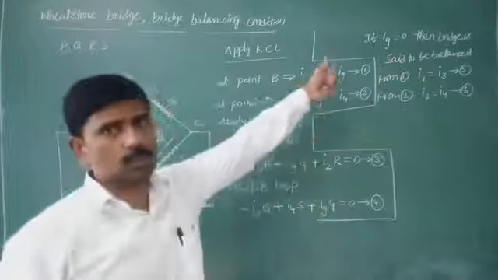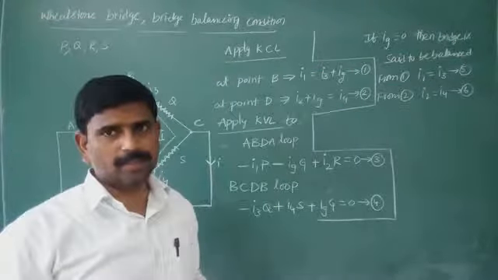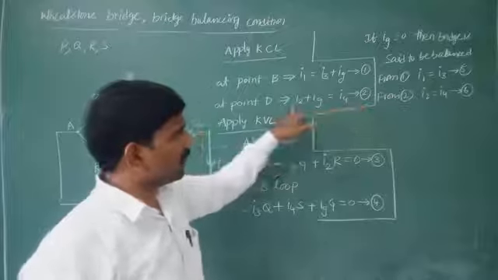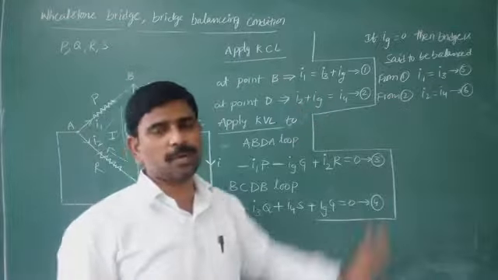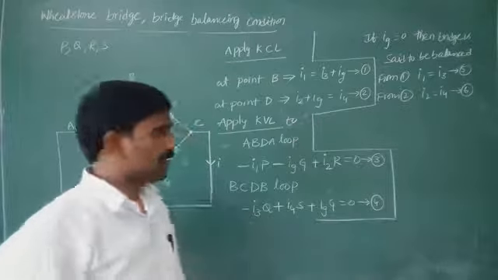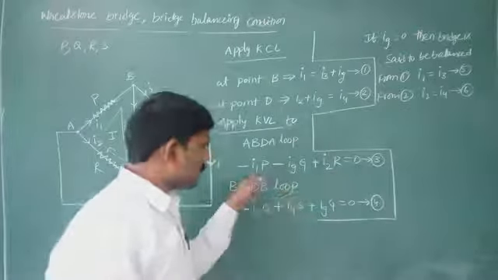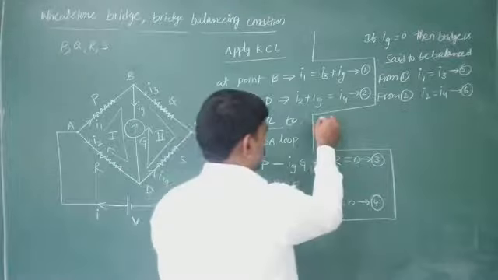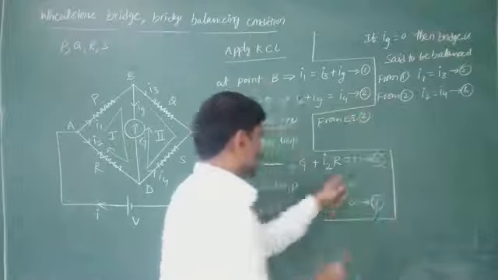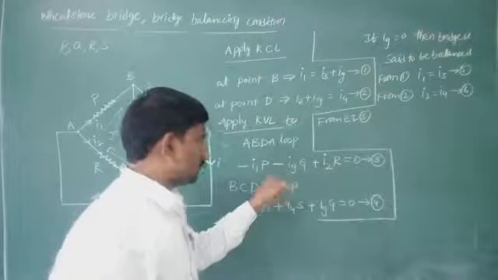When the bridge is balanced, Ig is equal to 0, and I2 must be equal to I4. At the same time, from equation 3, this term becomes 0.